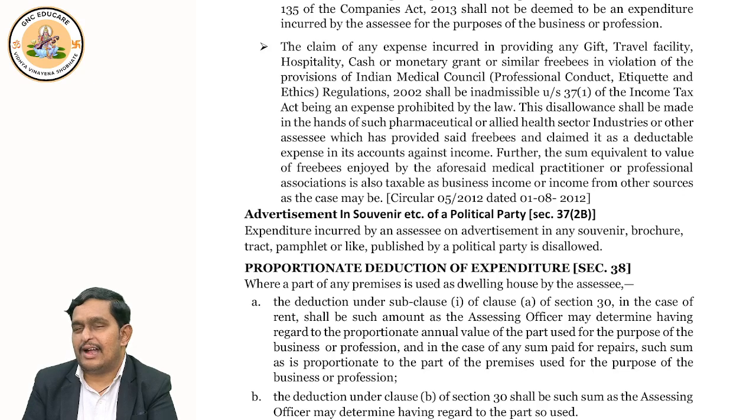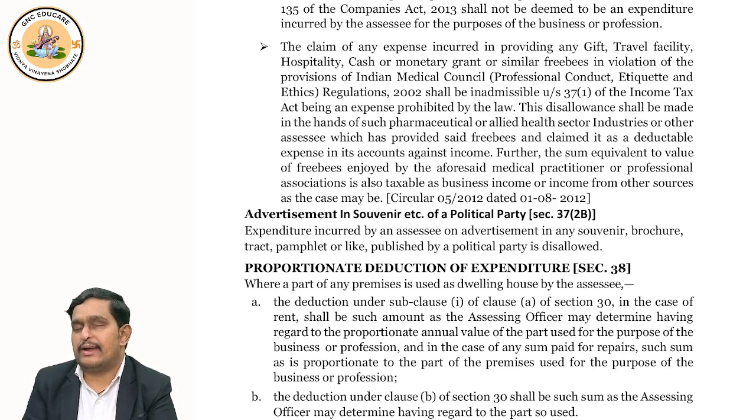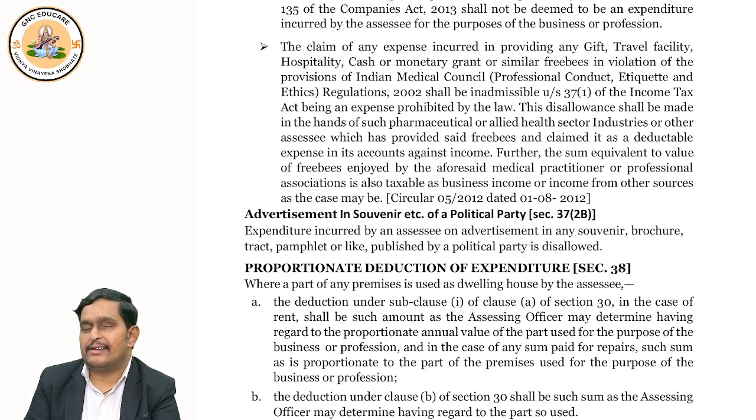Clear? Under section 37. But if you think there is a section called as 80 GGB, GGC, under this section deduction can be claimed by the contributors. But under section 37, no deduction for advertisement in political party souvenir. Okay, but under 80 GGB, GGC, definitely the deduction is allowed.